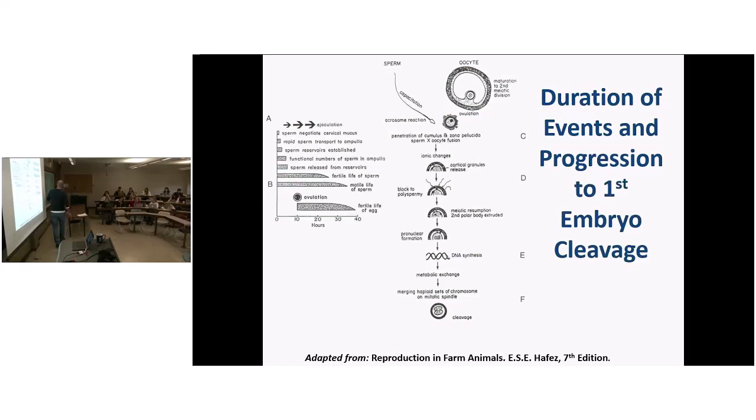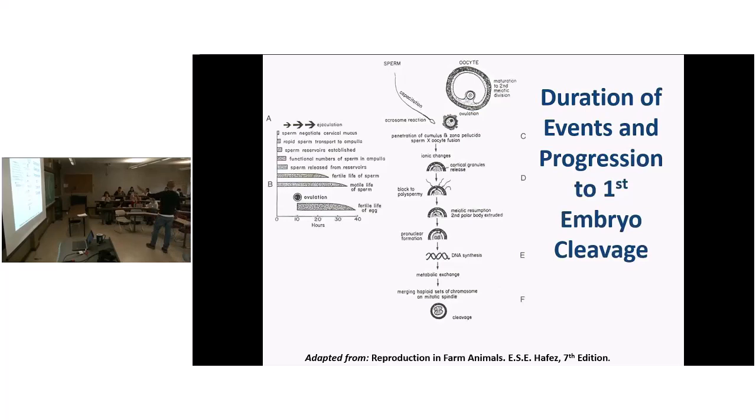A few hours after the intertwining of the two pronuclei, you're going to have the first cleavage. The first cleavage is nothing more than the same space with no longer one cell, but two cells. This is the first cleavage.